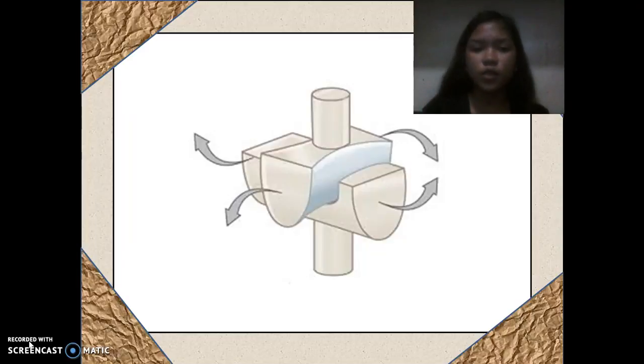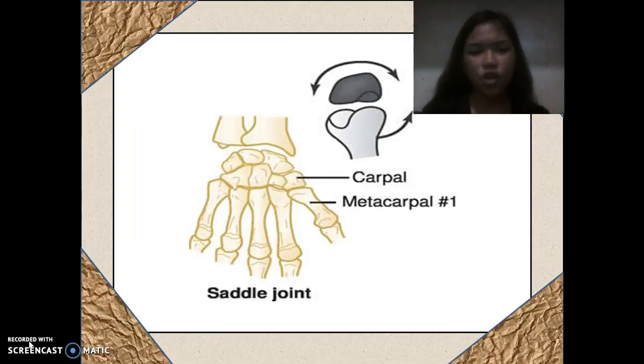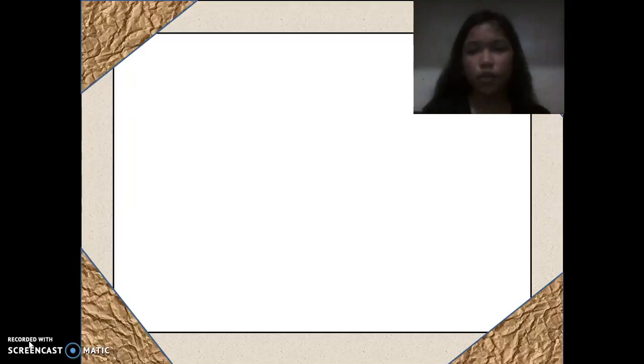They provide stability to bones while providing more flexibility than a hinge or gliding joint. The bones sitting on the saddle can move in an oval shape relative to the other bone. Those are the examples of saddle joint.